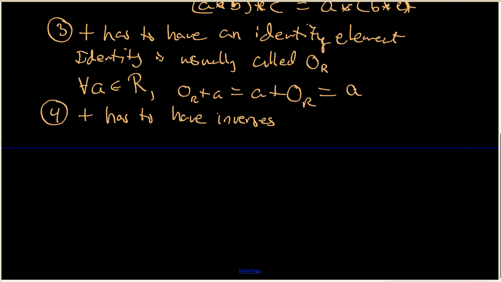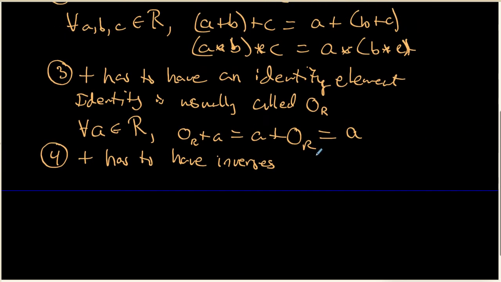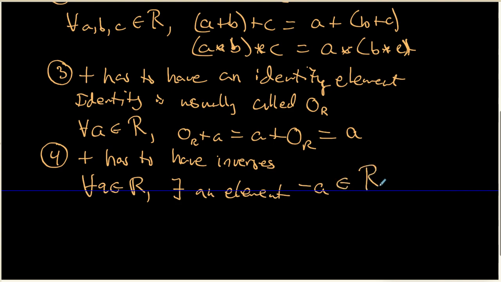And what does that mean? Well, let's see. What that means is that for every element A inside R, there has to exist an element that we call minus A that also belongs to set R, with A plus minus A equal to minus A plus A equals the 0 element.